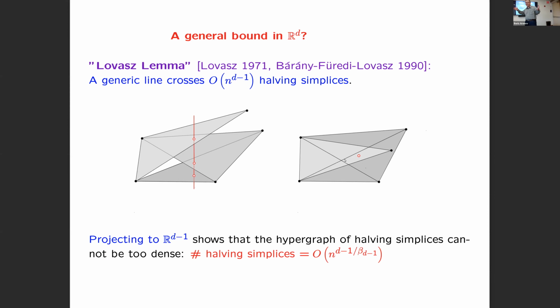If it were dense, then by projecting it, we would obtain a dense hypergraph, we would obtain a point piercing many of these simplices, which would lead back into a vertical line piercing many of the halving simplices in this space, which is of course impossible according to Lovász.